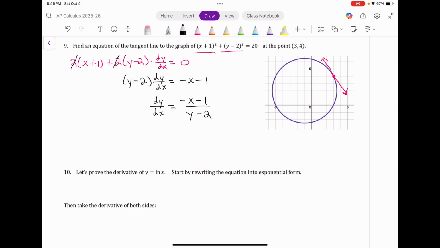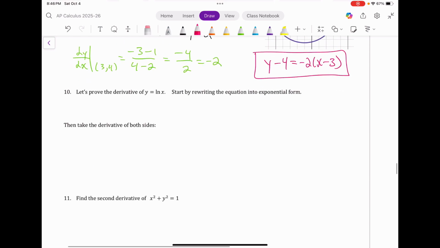Okay, and now we can evaluate the derivative at the point 3, 4. Okay, so the slope of that tangent line is negative 2. So the equation would be y minus 4 equals negative 2 times x minus 3.